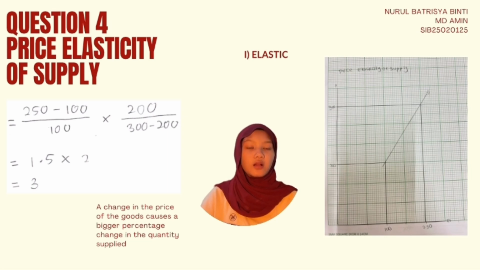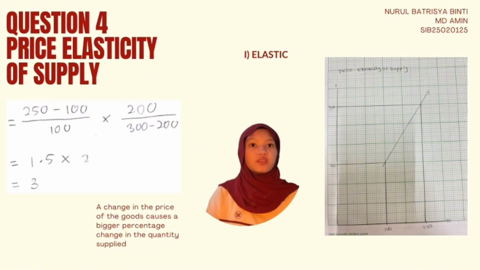I'll be explaining question number 4, which is about price elasticity of supply. First, we have elastic supply. As you can see from the calculation, when the price increases from 200 to 300, the quantity supplied goes from 100 to 150.